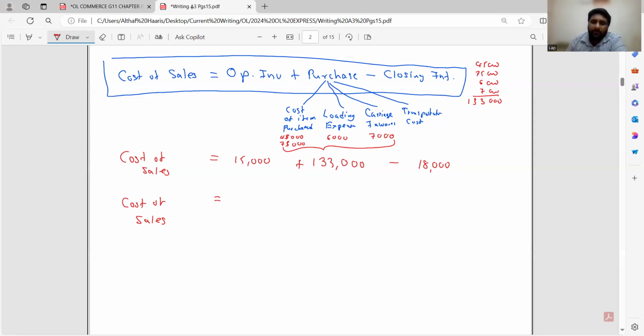How much? 130,000. Quickly write down this format. Then we'll go to the vertical one.